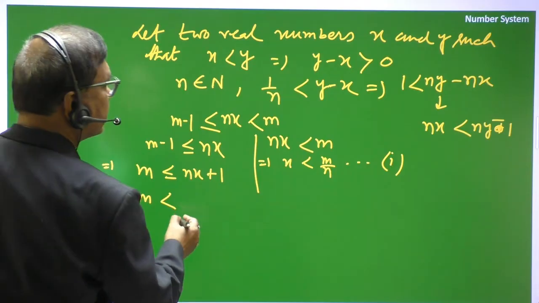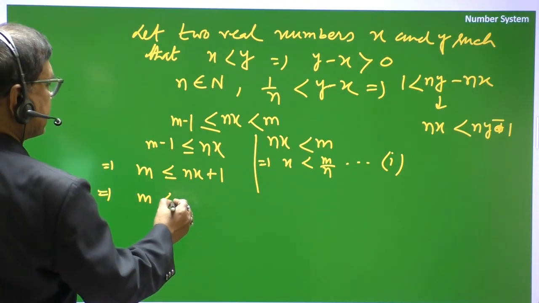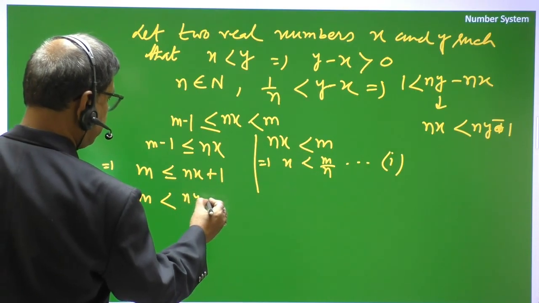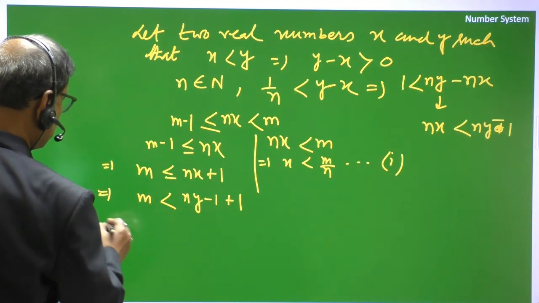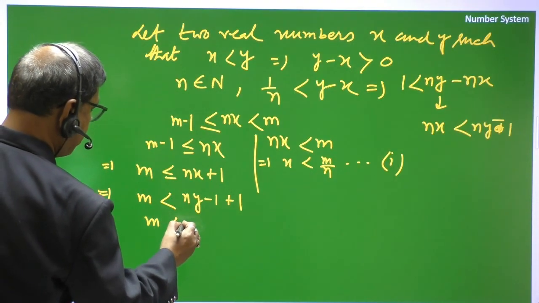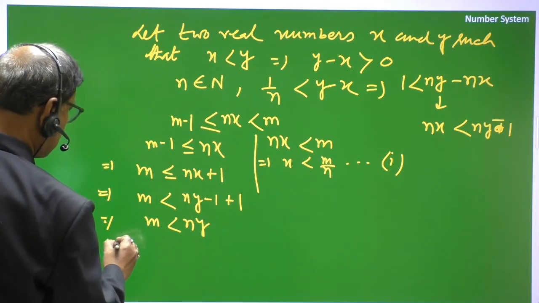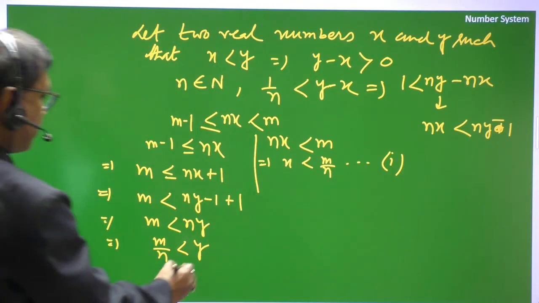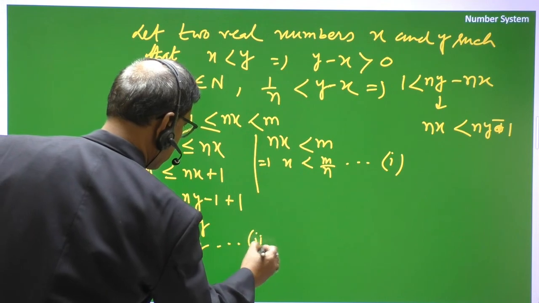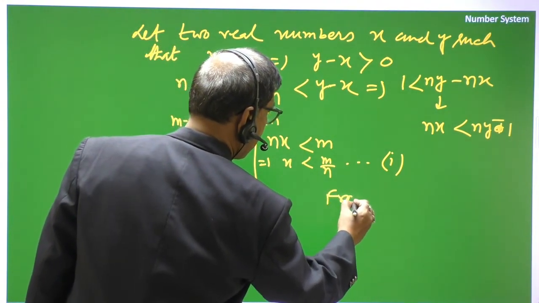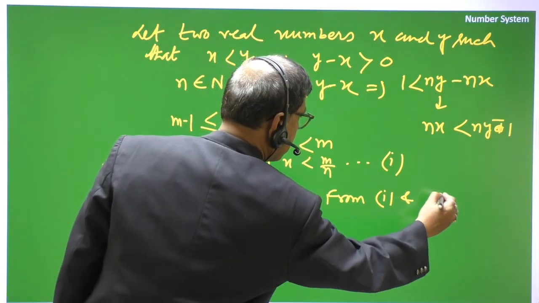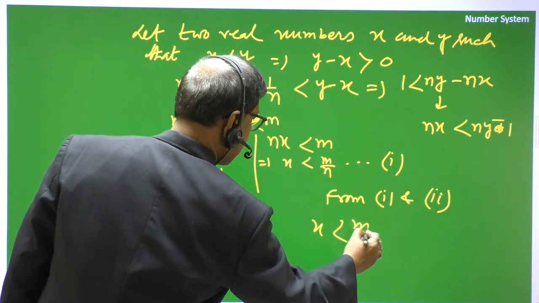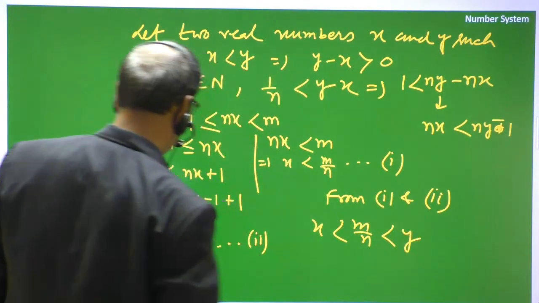So if I put here nx as ny minus 1, yes. So from here we are getting m less than ny. So m by n less than y. So if I mark as 2, then from 1 and 2, what we are getting? x is less than m by n and less than y.